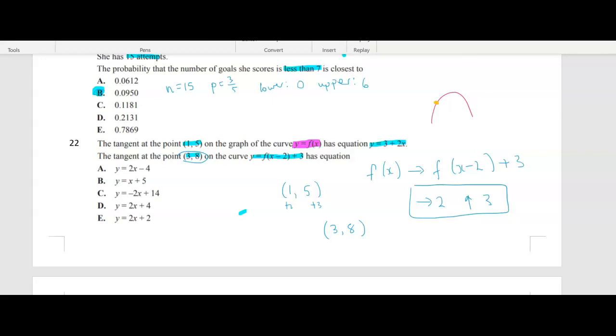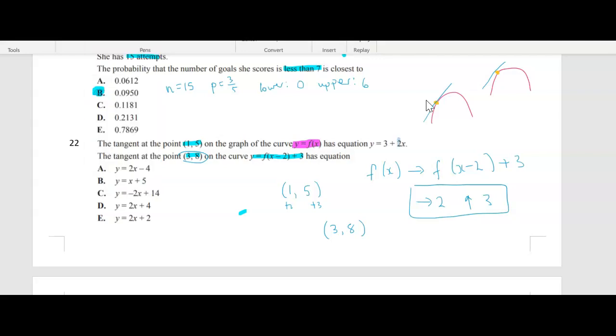When your graph has shifted to the right 2 and up 3, that yellow point is still in the same spot, because your coordinates 1,5 have shifted to 3,8. So that means your tangent, this line, and this line, that was not as well drawn as the first one, have the same gradient.